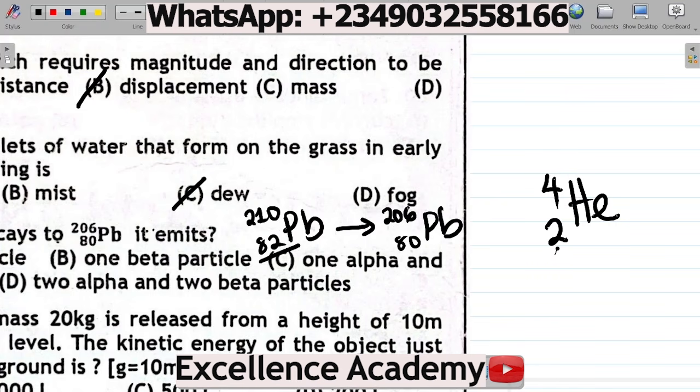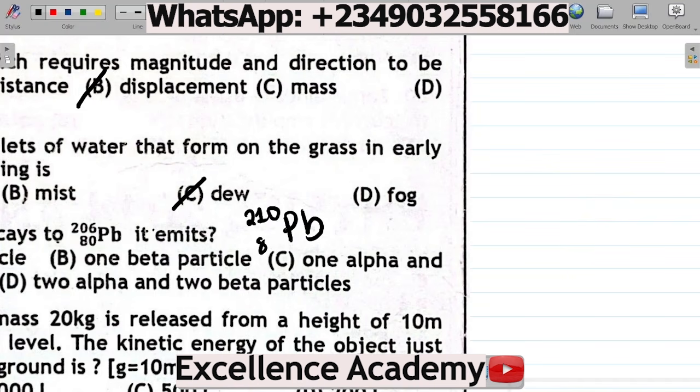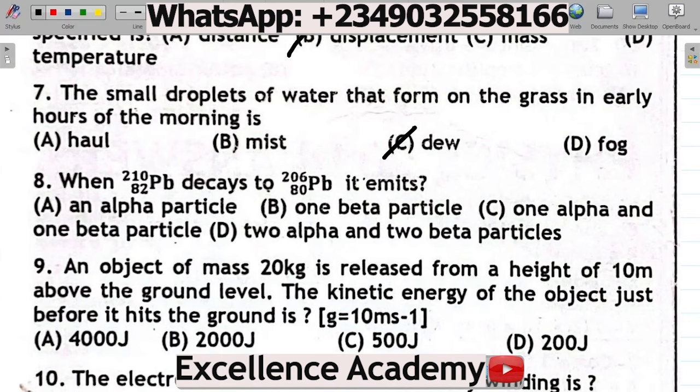So it has lost just one helium or one alpha particle. That's the correct answer. So let's see which option that is. An alpha particle. The correct answer is A, an alpha particle.